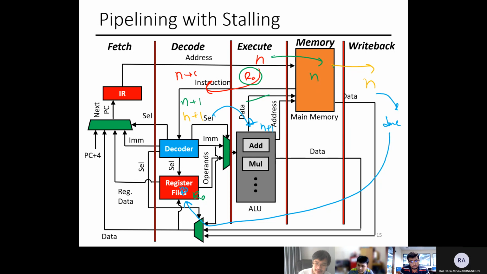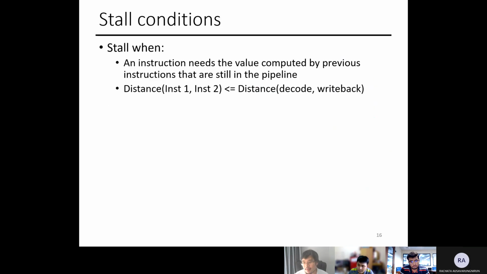And the condition for stalling is based on distance. Distance basically means, if I need something from a previous instruction, how far am I from that previous instruction? Because that tells me whether that data is already in the register file, or still in the pipeline and I have to wait.